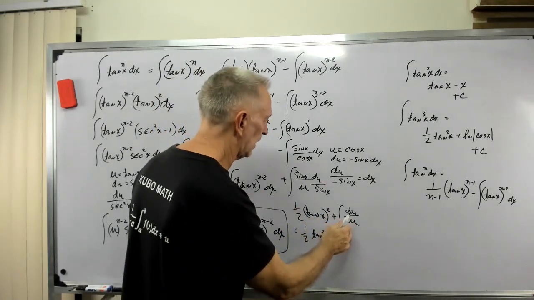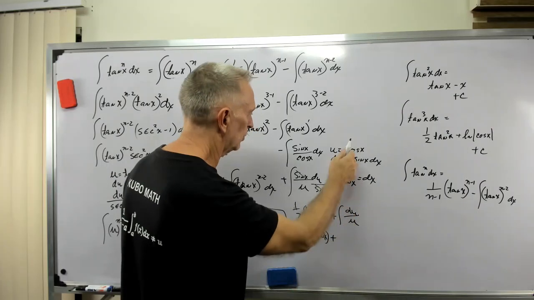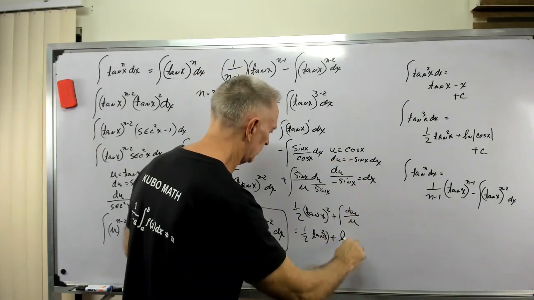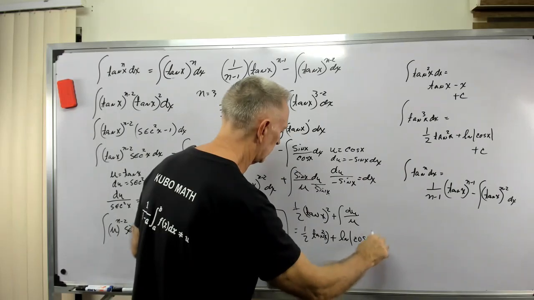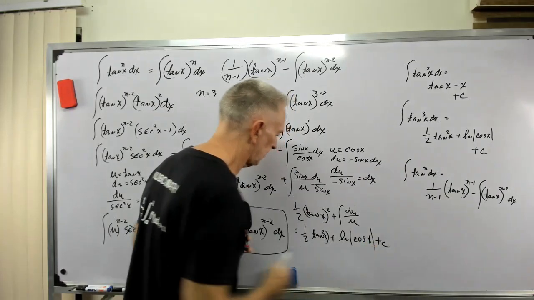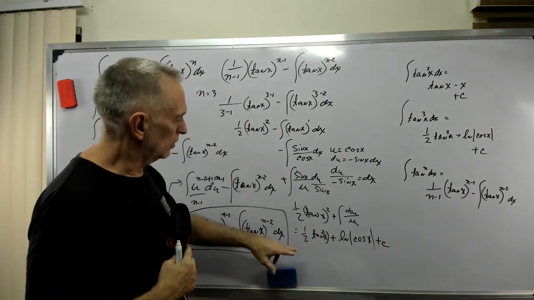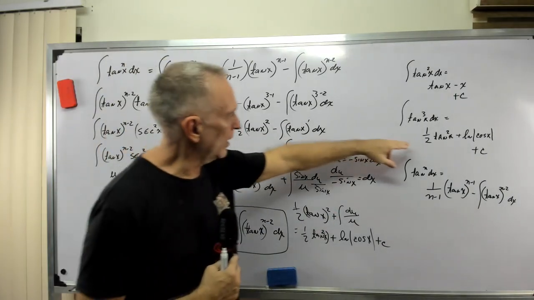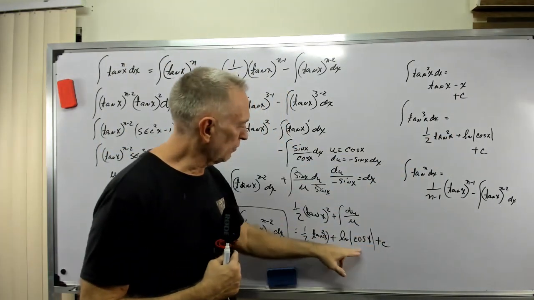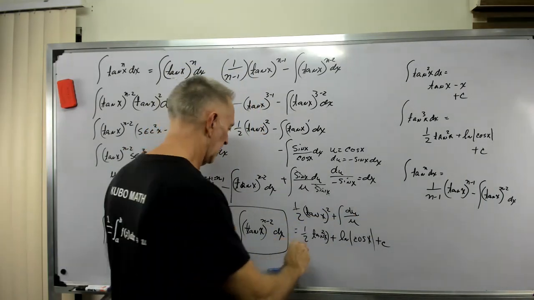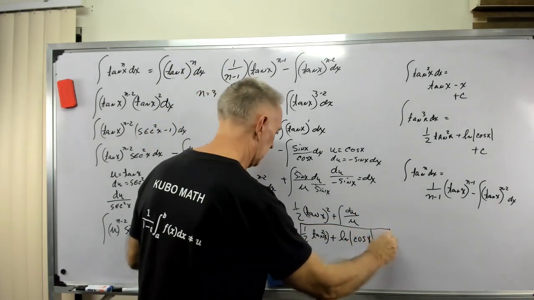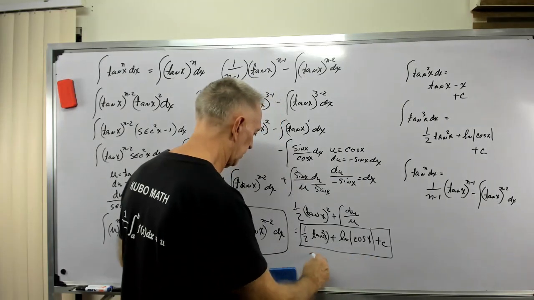Well, what is the natural log of u? u was cosine x, plus the natural log of the absolute value of cosine x plus c. Alright, so 1/2 tangent squared x plus the natural log of the absolute value of cosine x plus c. And that would be, my friend, when n equals 3.